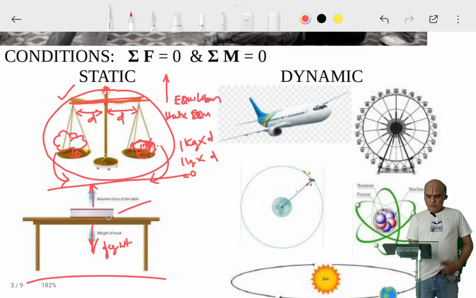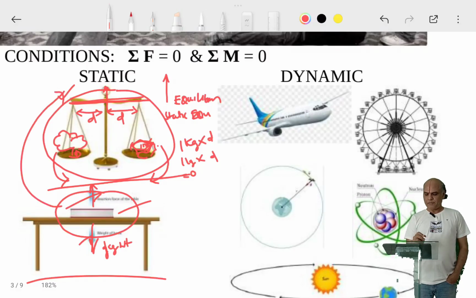So the book, which is stationary, is under the action of its weight as well as the reaction produced by the table. Under the action of these two forces, the book is stationary. So this is again an example of static equilibrium.